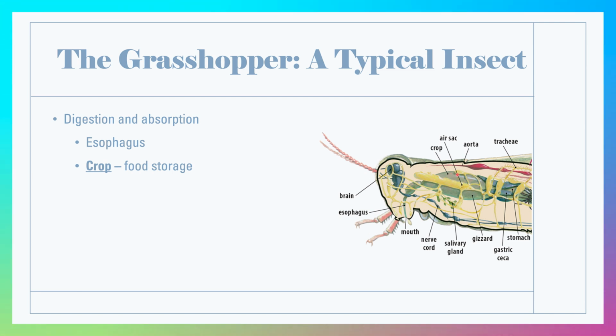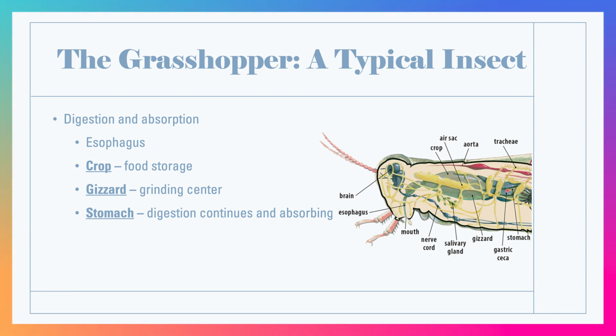The crop then leads to a gizzard, and you'll remember the gizzard is the area where food is ground up. And then the stomach, which is back here. And the stomach is where digestive juices are added. So this is one of the differences between a lot of the earlier animals and humans and mammals: in humans and mammals, the stomach is where storage occurs, grinding occurs, and the introduction of digestive enzymes.